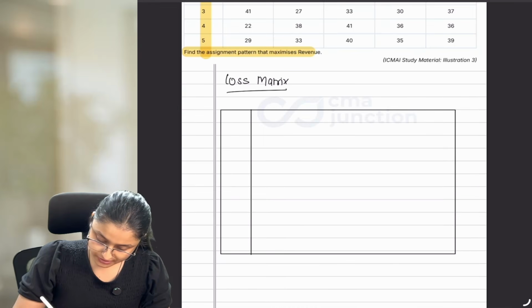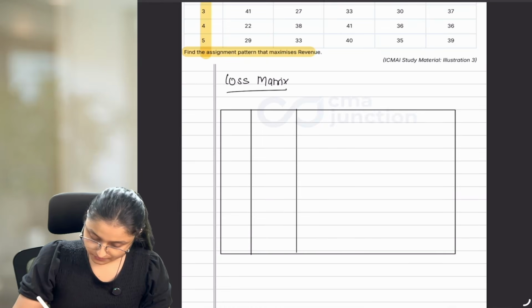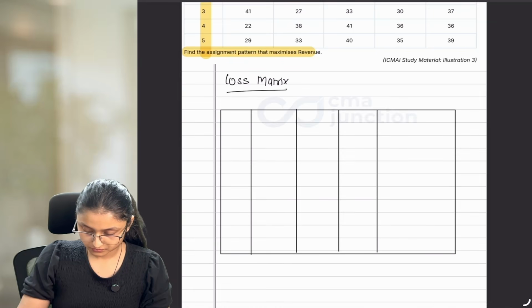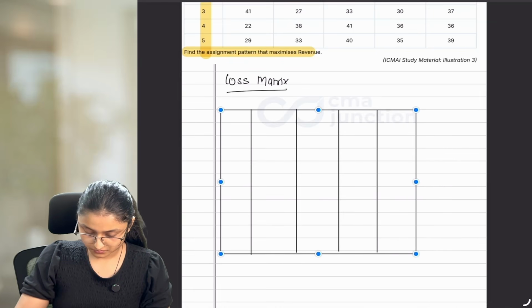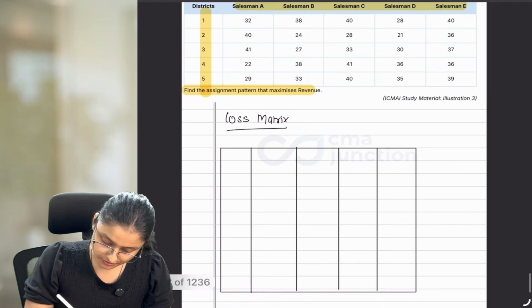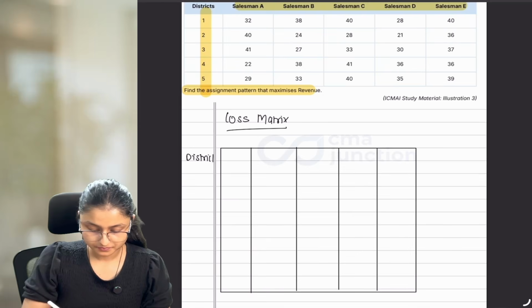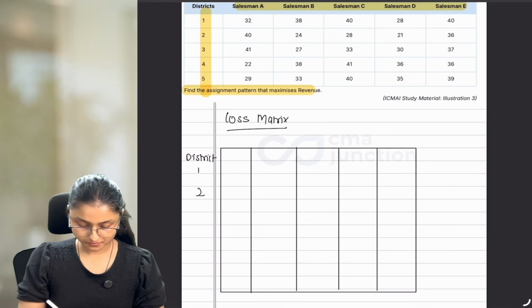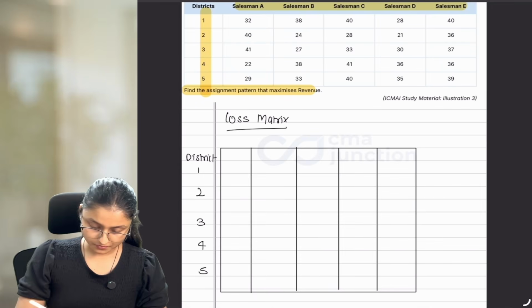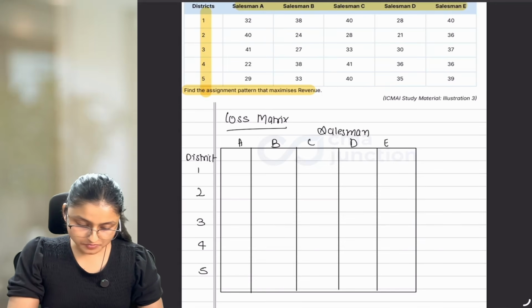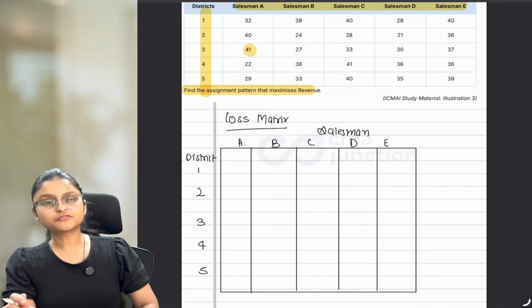We have 5 different salesmen and 5 different districts. Now, the highest profit element is 41. Reduce it from all other values.